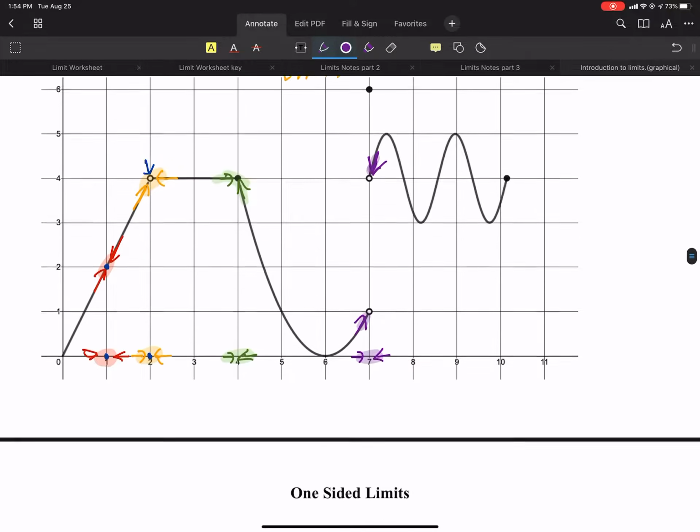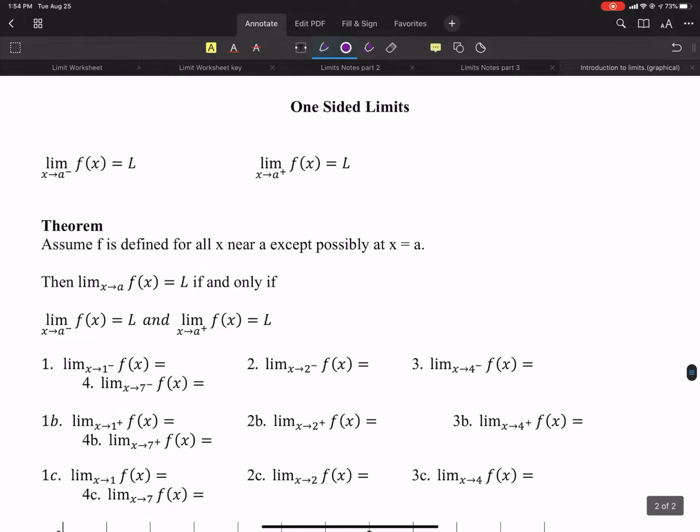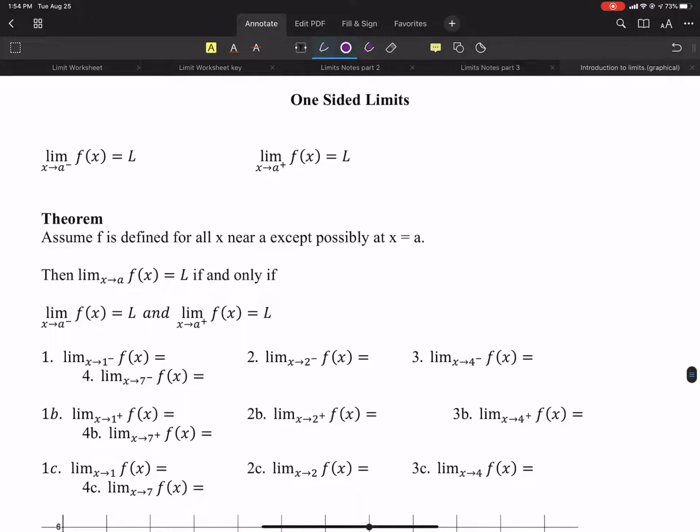Let me go on to the next topic, one-sided limits. This is hopefully not too hard of a concept. Basically, you are only approaching from one side or the other. So let me explain here. That little negative sign there says approaching from the left.